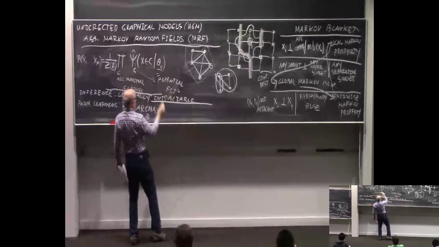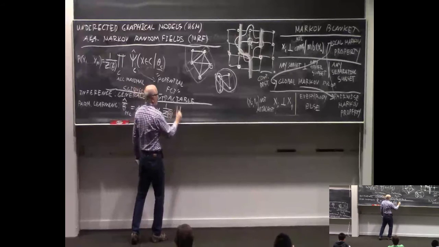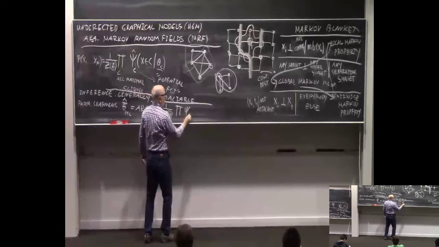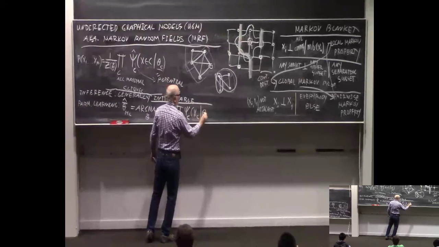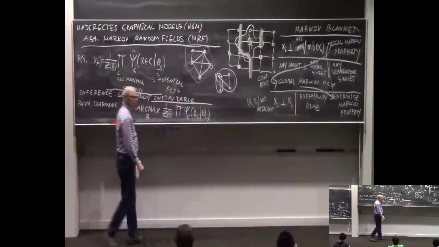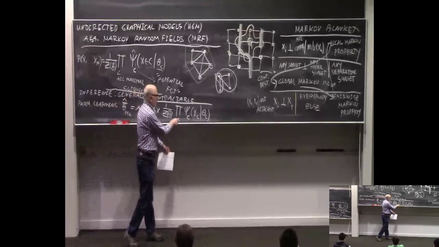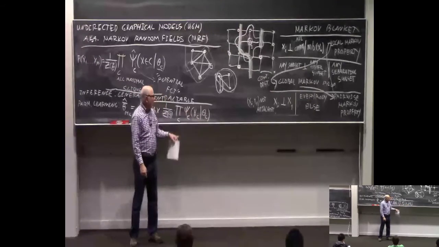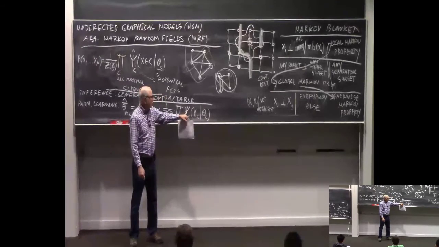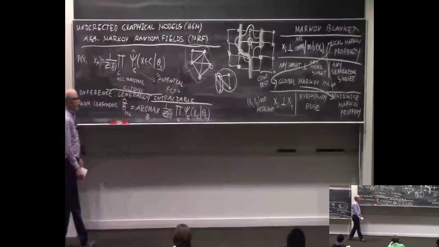So I'll write this part. 1 over Z of theta, product of the maximal cliques, which are known. You take a product over all of them. Each one of them has a known form function, but now you need to find the parameters here and here.